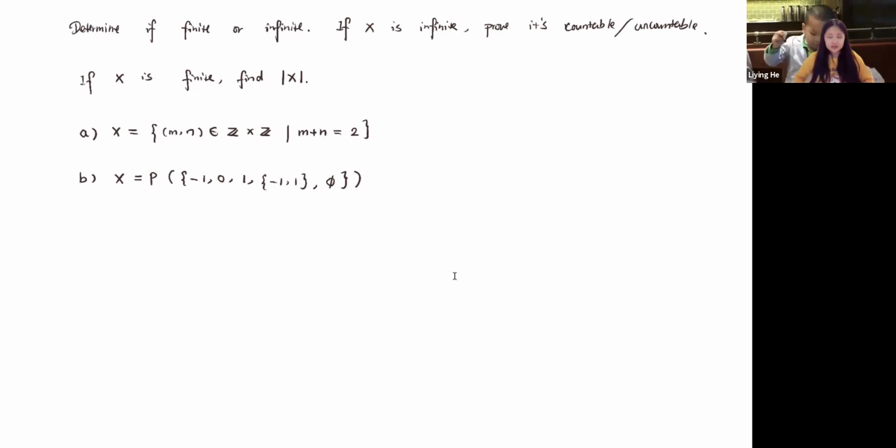Whichever makes your life easier, you use that one. And also remember this is a Cartesian product, so it's not just a single element, it's a pair.